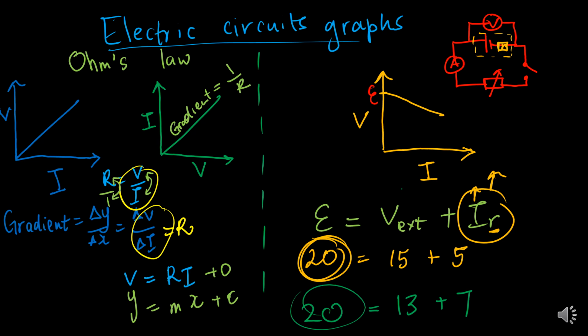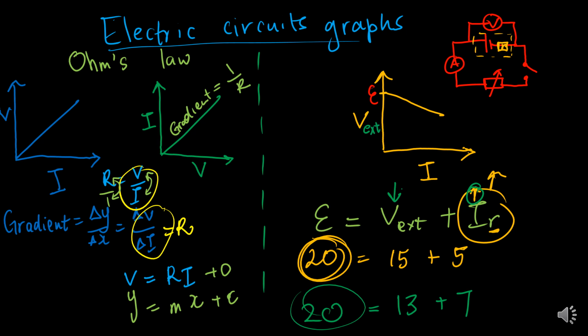What that means in terms of the graph is that as the current increases, the V external is going to decrease. That's why the graph is decreasing. So after the switch is closed, the V we are reading is the V external, right?